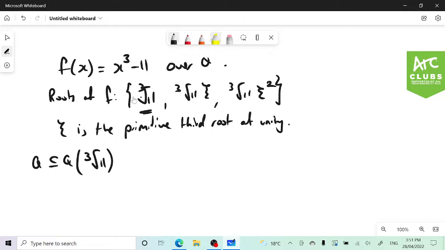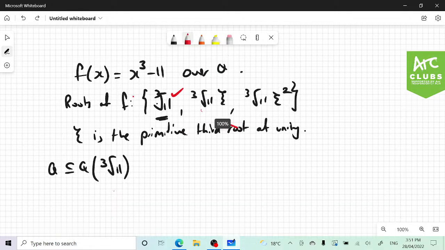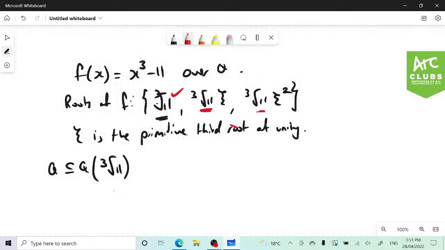This will basically satisfy this root, so this root is now inside this field here. But we see that none of these other elements belong in Q adjoin cube root of 11, so we need to adjoin more roots here.